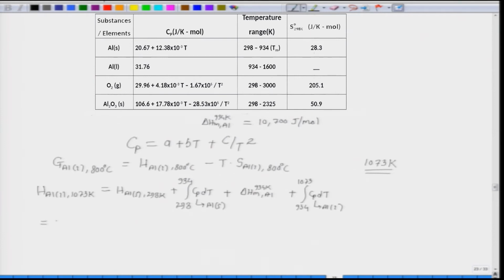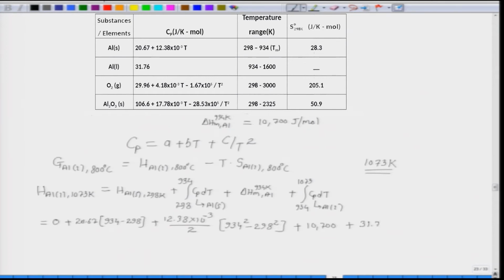So, if we substitute, H of aluminum solid at 298 Kelvin is 0, plus Cp of aluminum solid integral: 20.67 times 934 minus 298, plus integral T dT is T square by 2, 12.38 into 10 to power minus 3 by 2, 934 square minus 298 square, and the enthalpy of melting of aluminum is 10,700, plus for aluminum liquid, the Cp of aluminum liquid is constant.